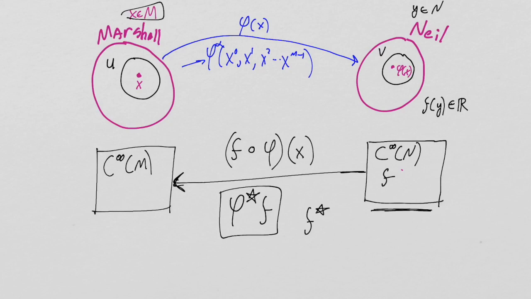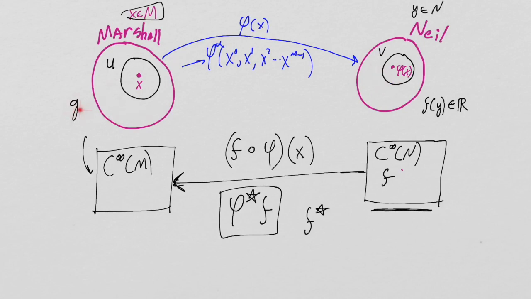And you also can see that it's hard to imagine going the other way. If you had some function g that lived in this space, that was a function on Marshall, could you somehow use g to get a function on Neal? Well, if you take a point here and you map it to Neal, now you have Neal. You can't apply g to a point in Neal, as g is a function here.